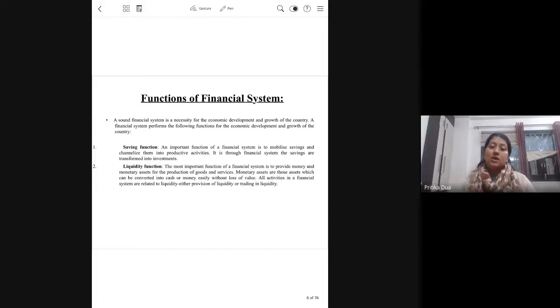This would increase the liquidity in the system because you have formal financial assets which can be easily converted into cash without any loss in value. So that is again a very, very important function of the financial system.